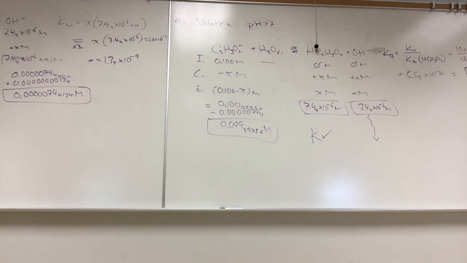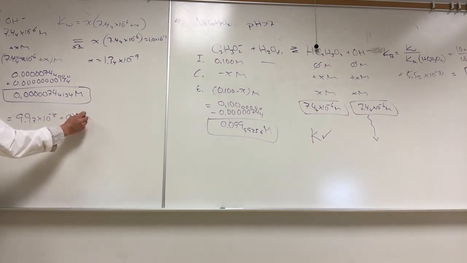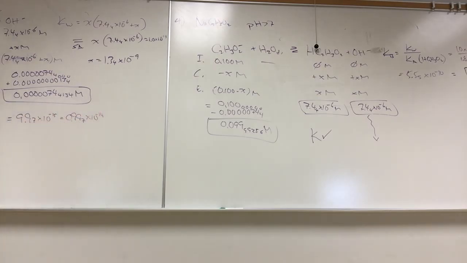It does, but it's 9.97 times 10 to the negative 15. Oh, okay. So K comes out to 9.97 times 10 to the negative 15, which equals 0.997 times 10 to the negative 14. And so that rounds to 1 times 10 to the negative 14. So we're okay. This checks out.